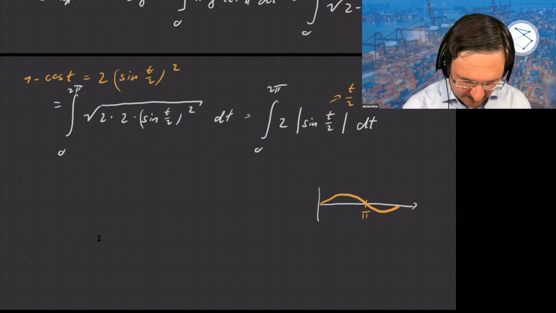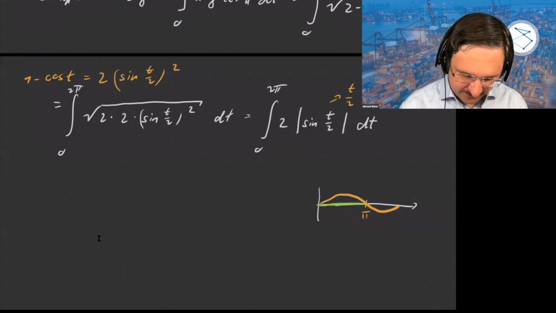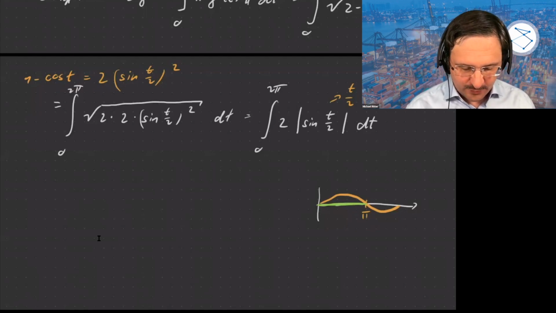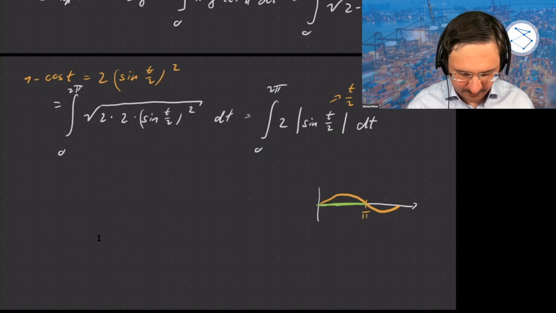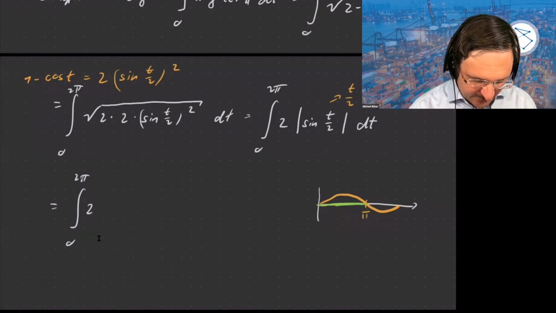So we are entirely in this domain here. And that means the sine is non-negative anyway. So we can just get rid of that absolute value. Right, so that's the same thing as the integral from 0 to 2 pi of 2 times sine of t over 2 dt.